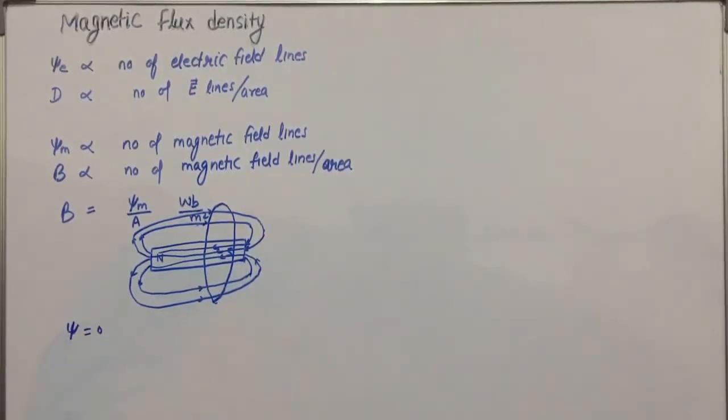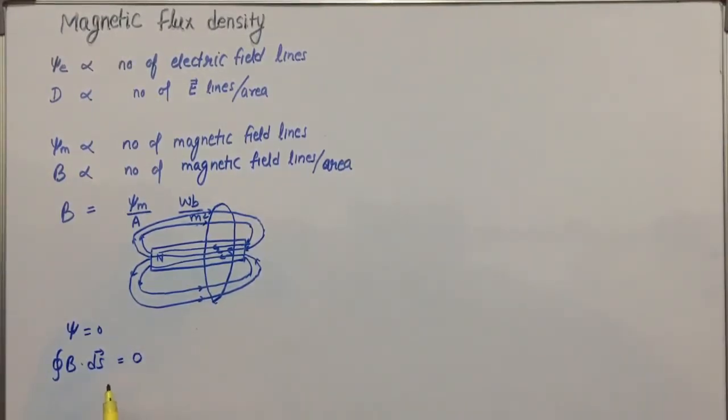In case of a magnet, or in magnetostatics, the flux through any closed surface will be equal to 0. And we know the flux can be written as B dot ds for any closed surface. According to the Gauss law that we have studied, it will be equal to 0.